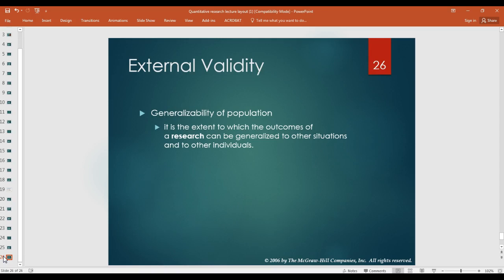And we talked about the different types of designs of the quantitative research method and the validity and reliability of quantitative research. I'm going to post this with the data analysis video for this week.